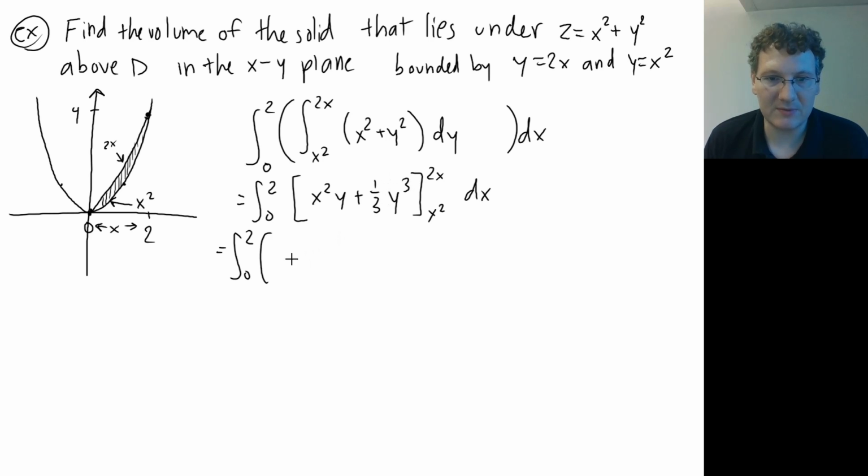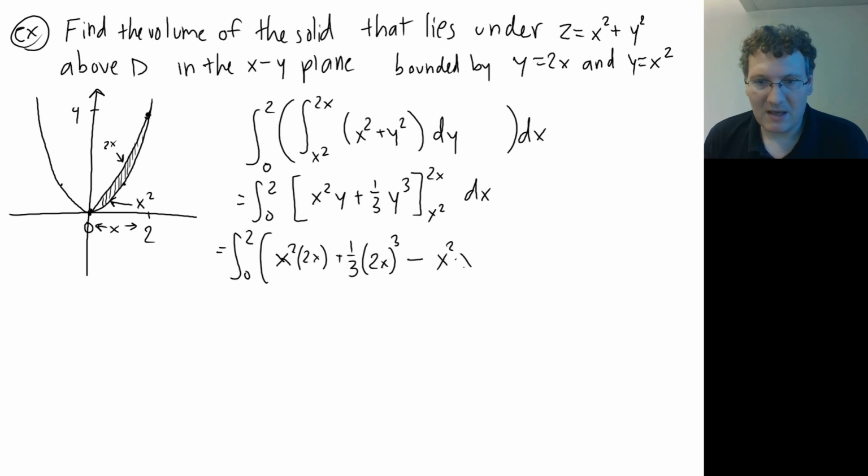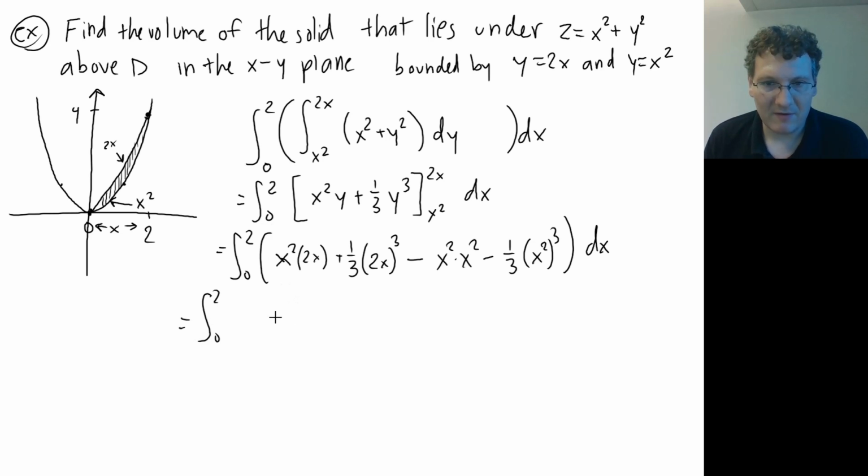So when we plug in 2x, we get x squared times 2x plus 1/3 times 2x to the 3rd minus x squared times x squared minus 1/3 x squared to the 3rd dx. So we'll clean this up a little bit. Let's see what we have. We've got 2x to the 3rd plus 8/3 x to the 3rd minus x to the 4th minus 1/3 x to the 6th.